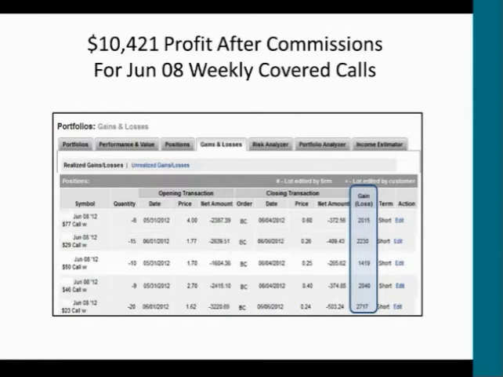And again, even though there was a big move in one direction, I still had a good week by using profit targets and exiting the short calls at an 85% profit target. In other words, if the short call reaches 85% of its potential profit, then I exit.